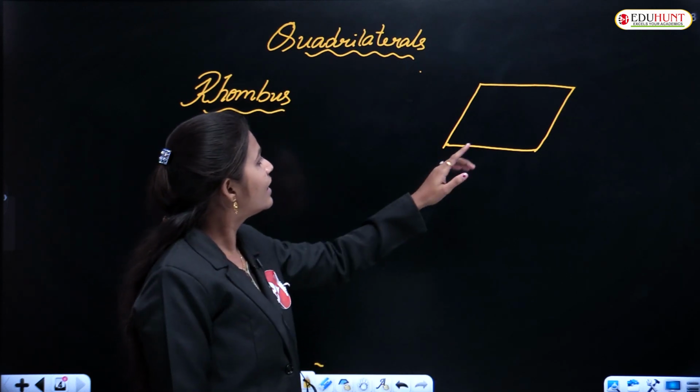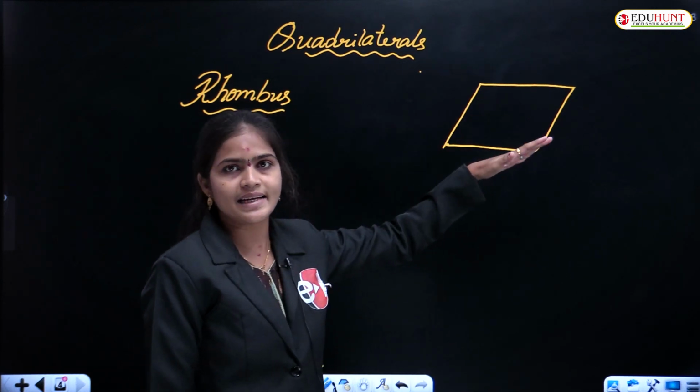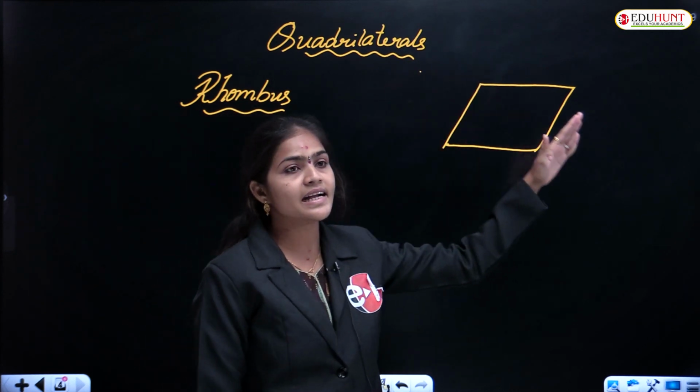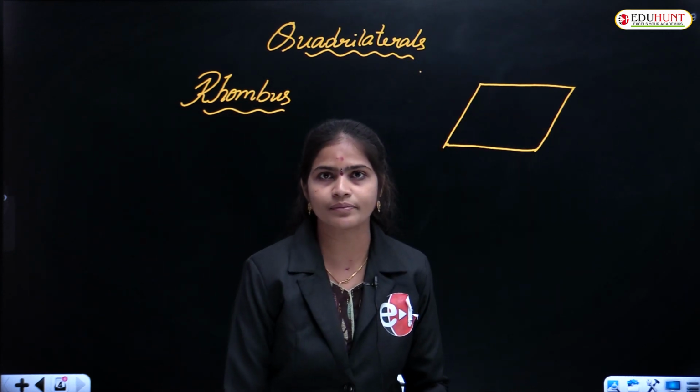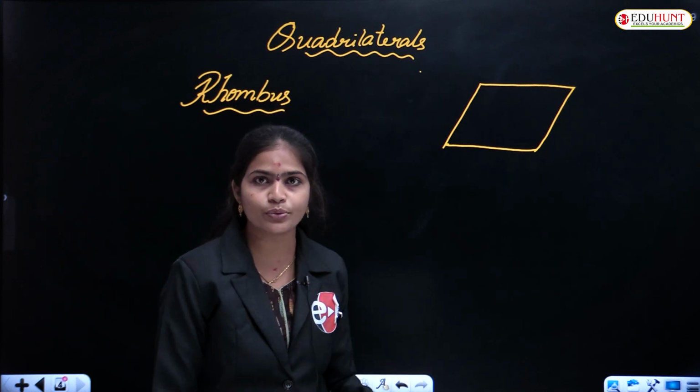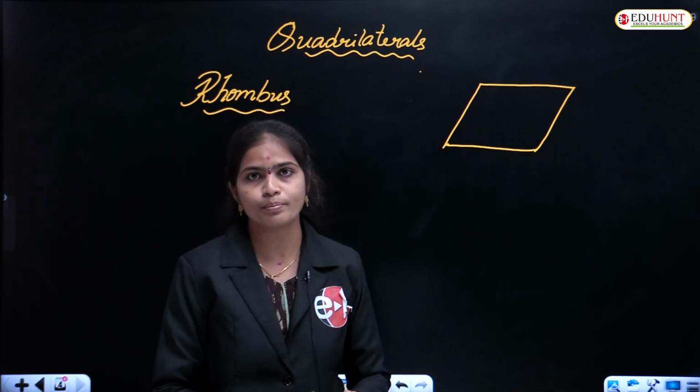Then here we are talking about sides. In a parallelogram, if at least one pair of adjacent sides are equal, then it is called a rhombus.